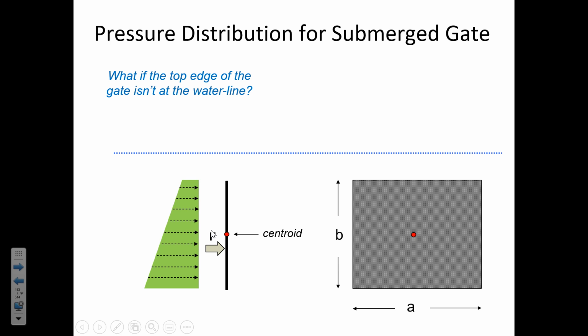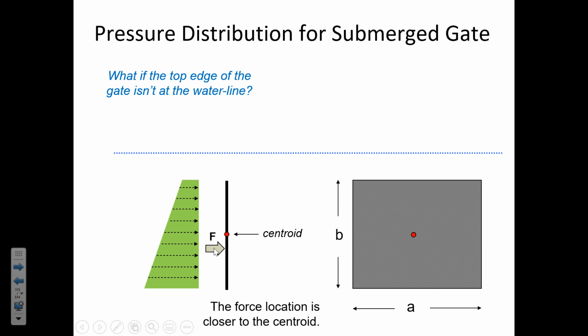If we know the pressure at this centroid location, P bar is how we'll denote the pressure at the centroid, we can find the magnitude of the force. Usually the magnitude of the force is relatively easy to determine because finding the depth to the centroid isn't so tricky. But finding the location of the force is a little more involved. As I'll show you, the equations for that are just slightly more complicated than P bar times A.